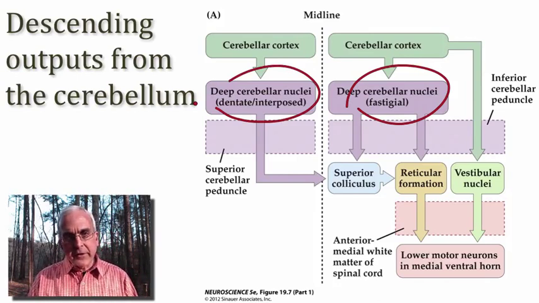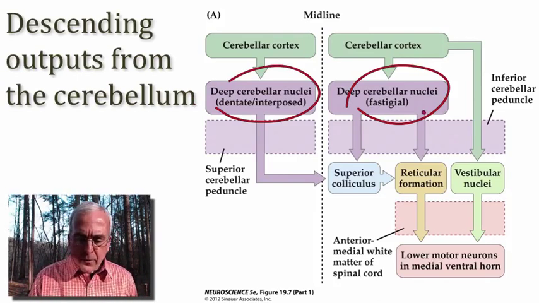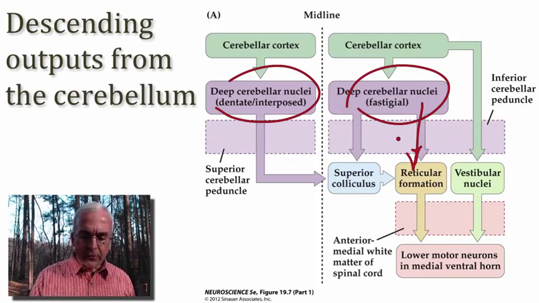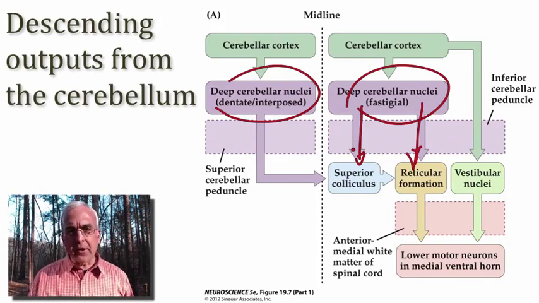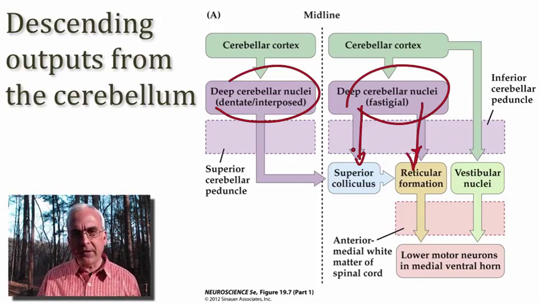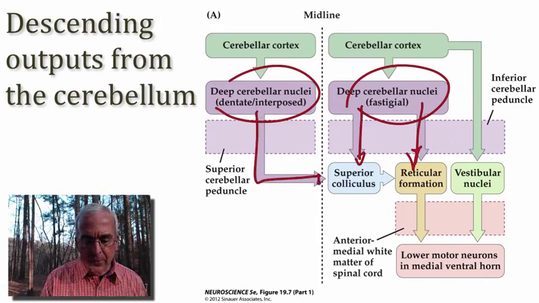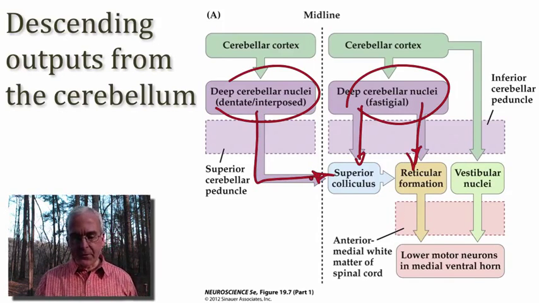And for the descending outputs now, we focus mainly on the connections to the reticular formation of the brainstem. Now, the fastigial nucleus also has some connection to the superior colliculus, but it's probably not as functionally significant in our brains as is the larger output that's coming from the dentate nucleus.